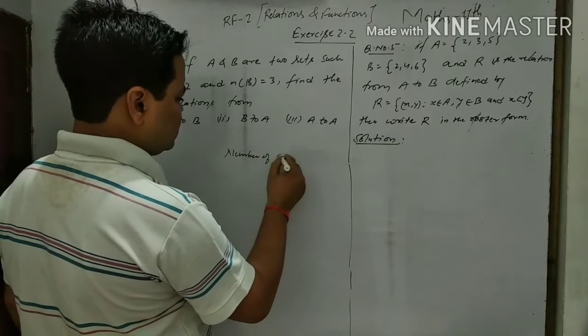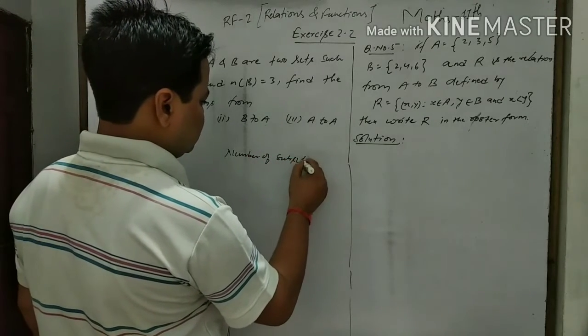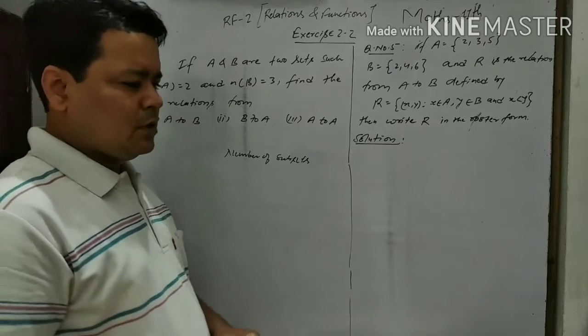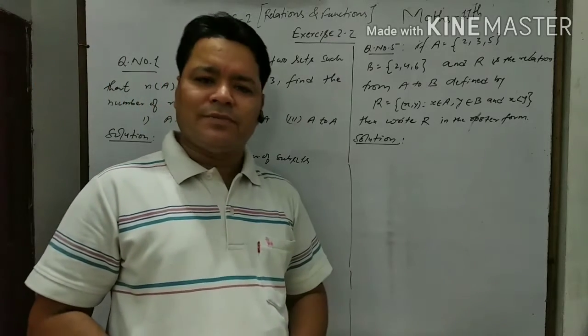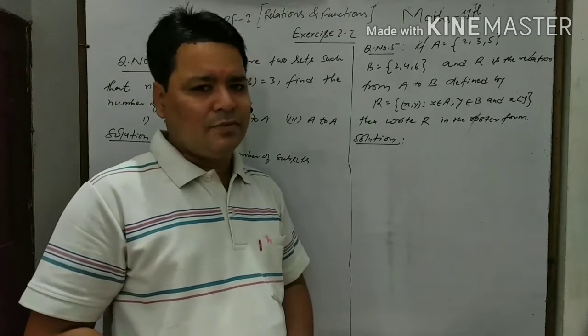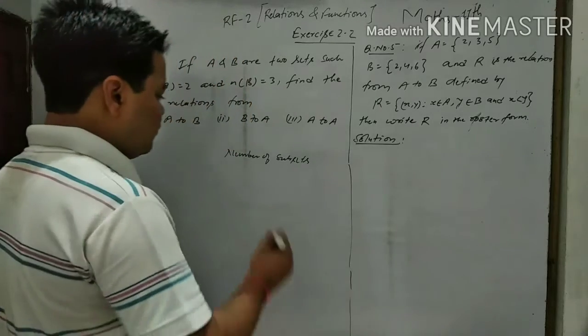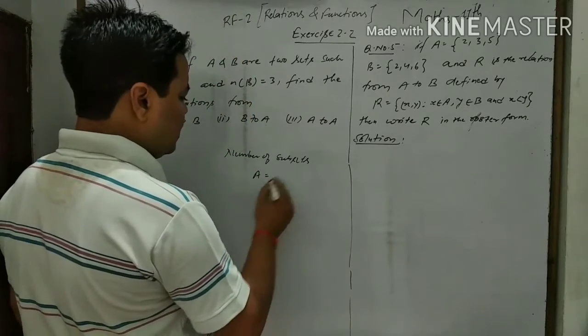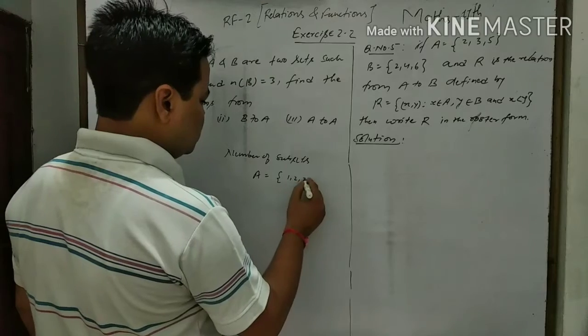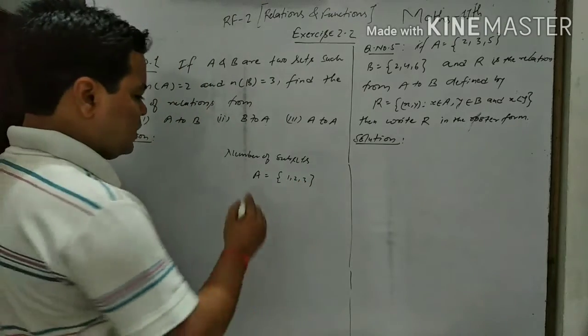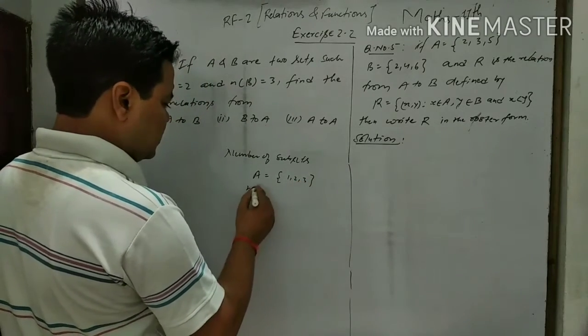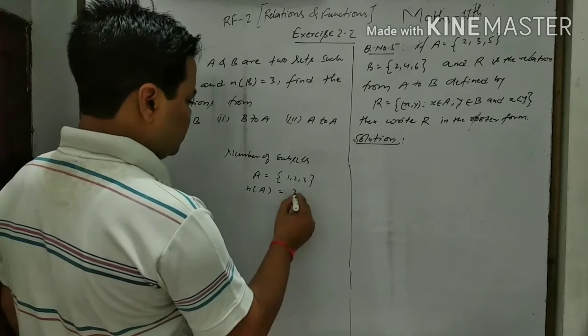Number of subsets. Dear student, you are all familiar with subsets. In chapter one we know that if we have a set A, that is {1, 2, 3}, then here the cardinal number of A is equal to 3.